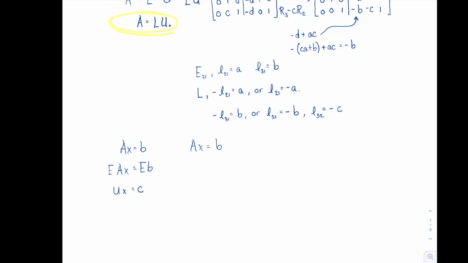Where's that work? It's right there. A equals LU. So let's make that substitution. This says that LU times X is equal to B.